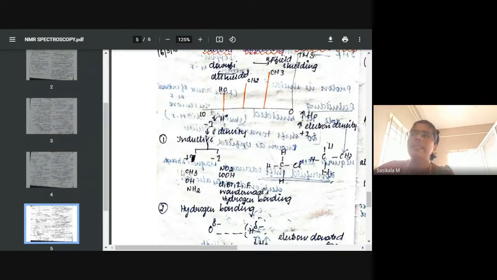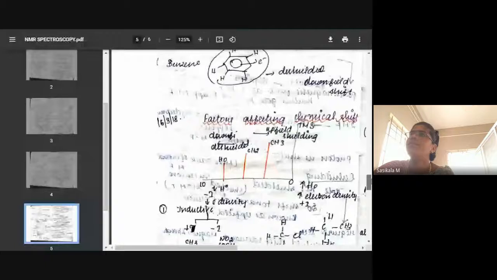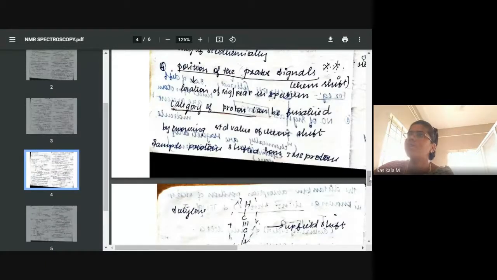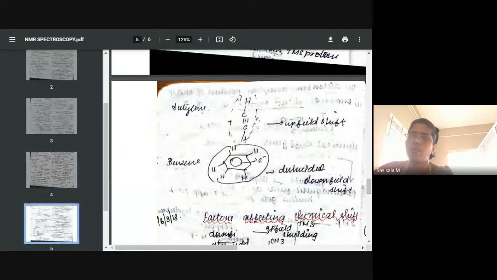Okay, and when electronegative groups are present, what happens? Let's see with this chemical formula. When electronegative groups are attached, they will be electron attracting. So they will be attracting the electrons which create the diamagnetic field. So what happens?